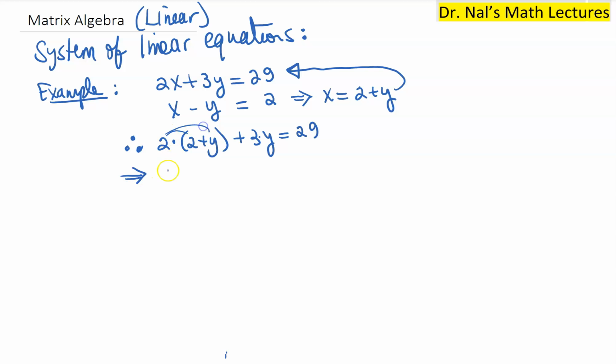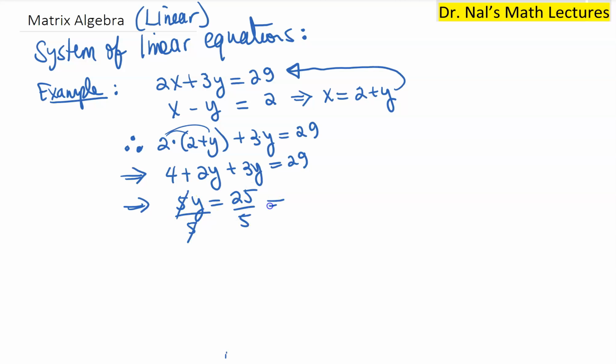First, let's distribute here. 4 plus 2y plus 3y is equal to 29, further implying that we can move the 4 to the right hand side, so we would end up with 5y equals 25, and now dividing both sides by 5, that gives us y equals 25 over 5, which is just 5.